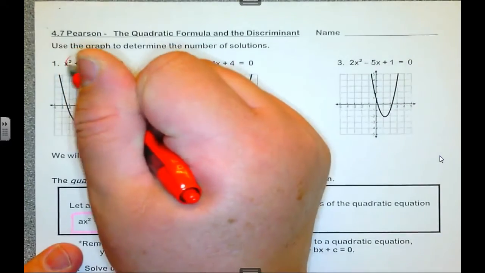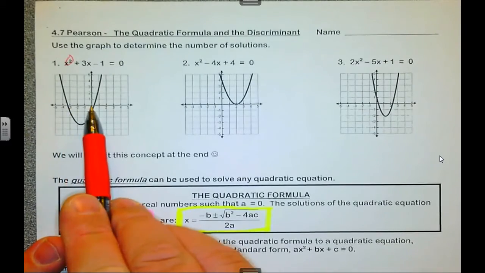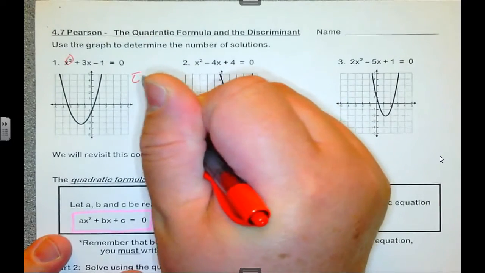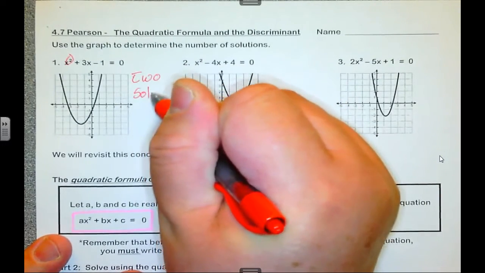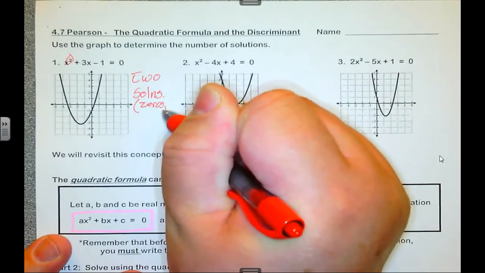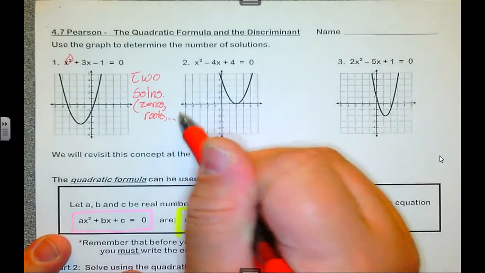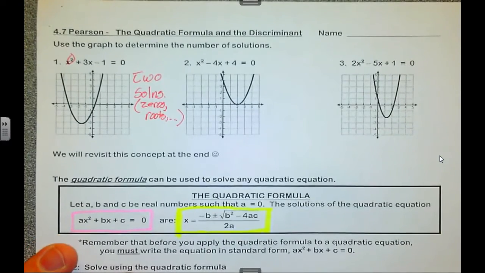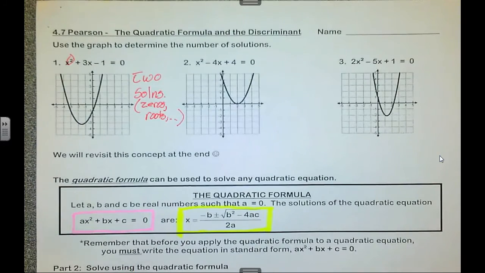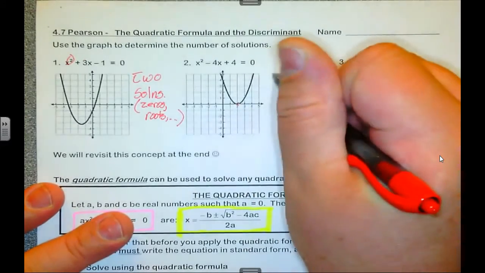If I have a degree of 2, that means I can have 2 real solutions, or 1 solution, or zeros, or roots. There's a whole bunch of names, x-intercepts. I either call them solutions, zeros, or roots. I use all 3.